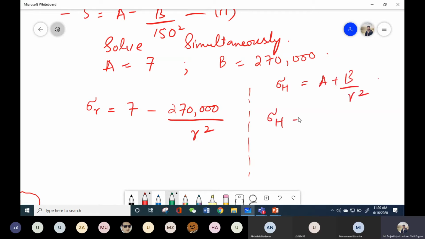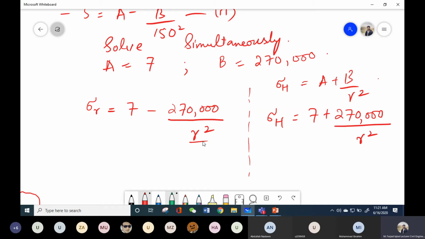So hoop stress will be 7 plus 270,000 over r square. Now we have the equation for radial stresses and hoop stresses in terms of the radius, or the random distance from the center point. So if I keep on substituting the values of this radius, I will keep on getting the hoop stresses and radial stresses at different points on this cylindrical element.